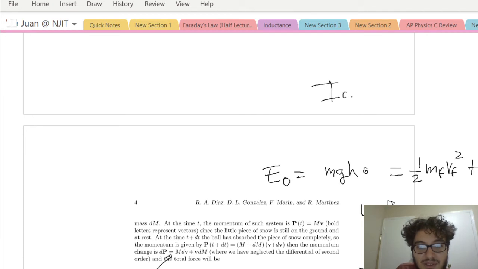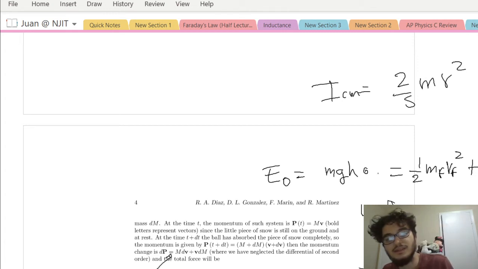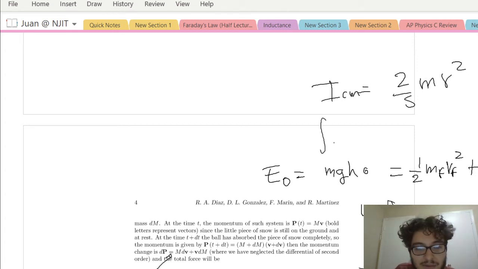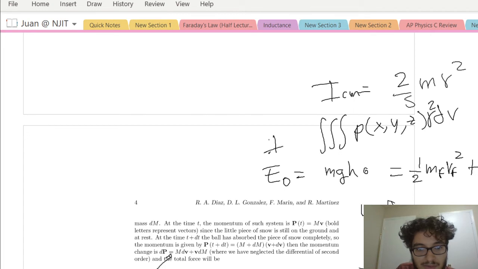The moment of inertia of a sphere is just 2/5 mr squared, and that can be easily calculated by taking the volume integral of rho times (x squared plus y squared) dV, multiplied by the square of the radius, and this will be the moment of inertia for any rho, be it constant or not.